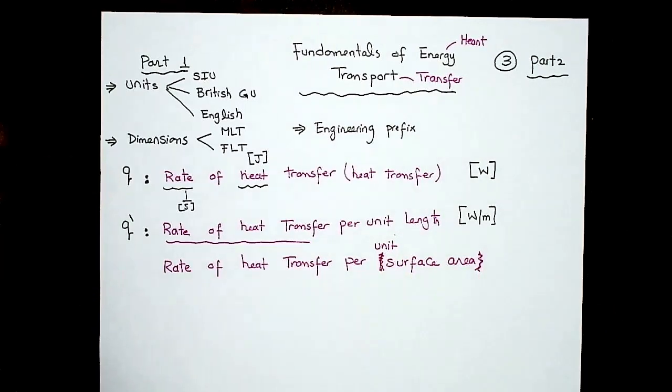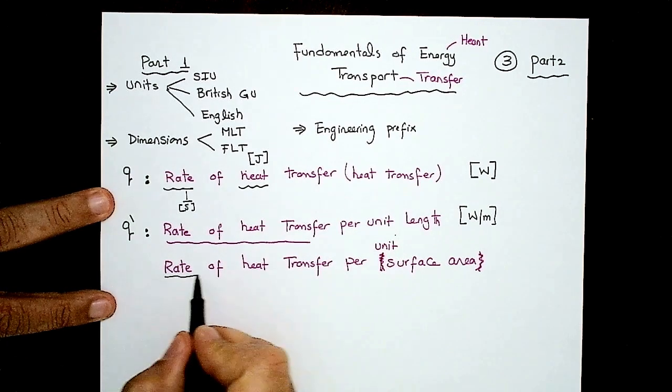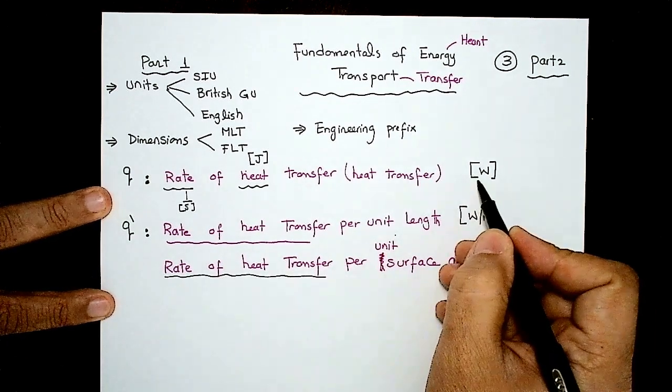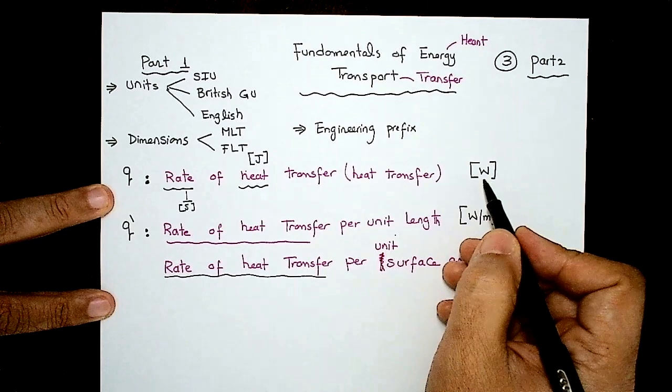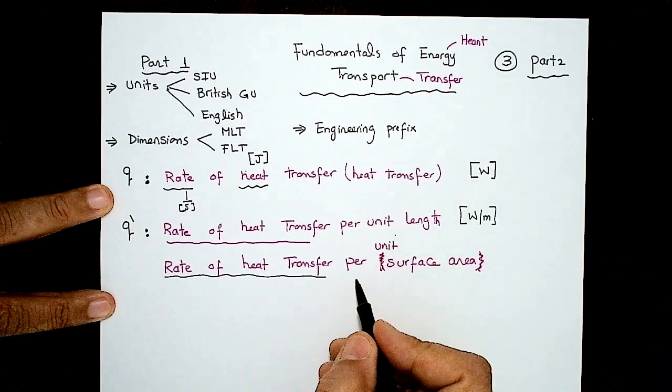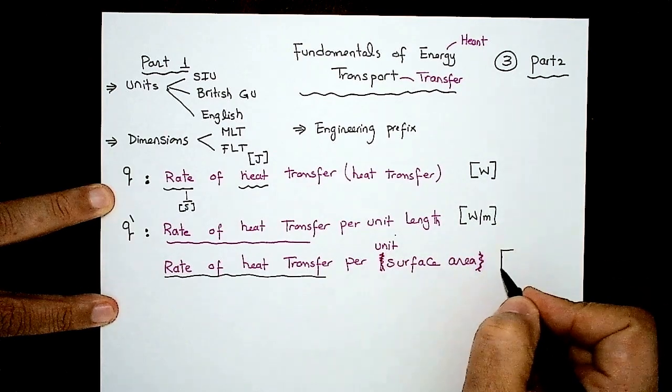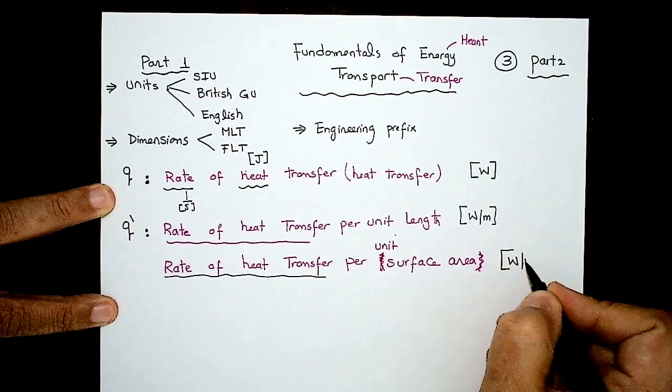Up to here, the rate of heat transfer is the same as the first definition, Q, which has a unit of watts. And now I'm going to get that per unit surface area, so the units would be watts per meter squared.